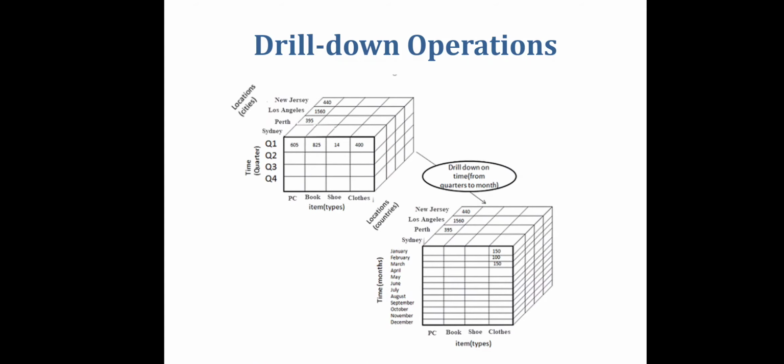I have to represent from January to December. So, what I have done? I have represented these quarters in the form of months. So, January to December I am representing in this time format. So, this resulting data cube details the total cells per month rather than summarizing them into the quarter.